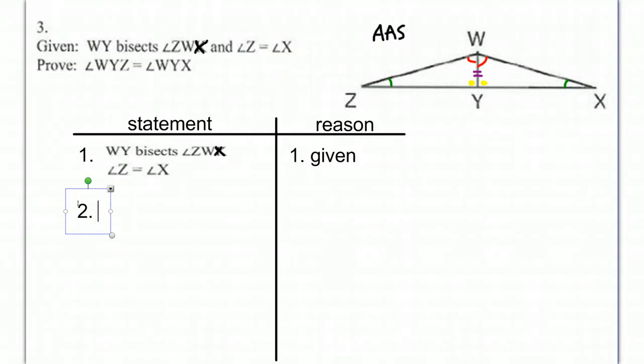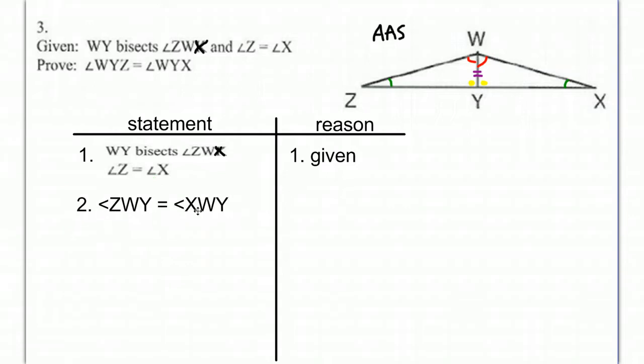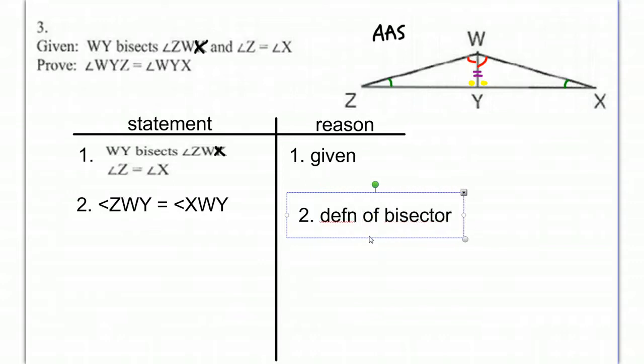So angle ZWY is equal to angle XWY. My angle signs aren't perfect there, but those two angles are equal to each other, and the reason that we can say that they're equal to each other is by the definition of a bisector. So similar to one of the earlier ones, by the definition of the bisector.